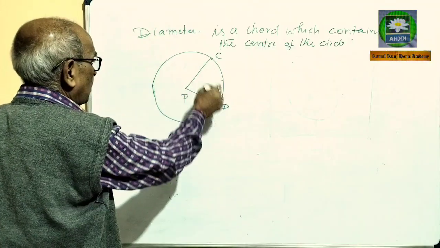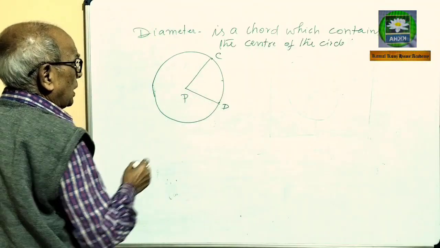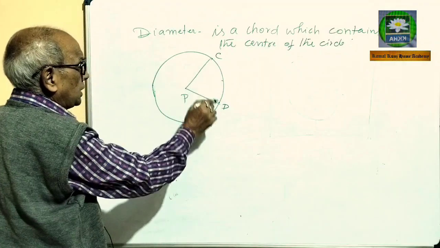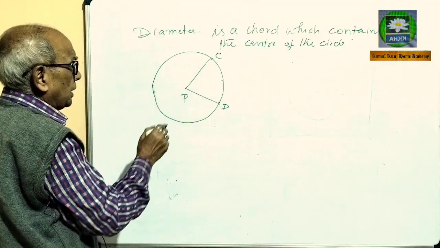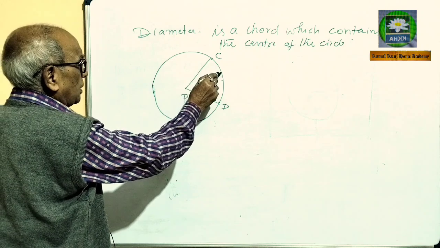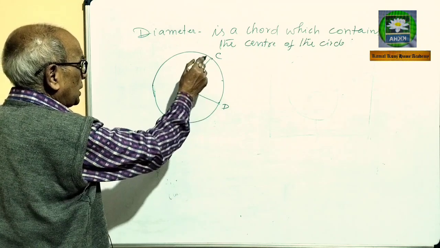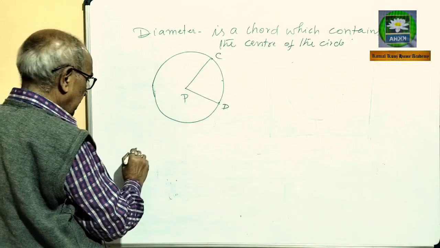They are two points on the circle. Then arc CD is the union of C and D and all the points on the circle in the interior of the angle CPD.